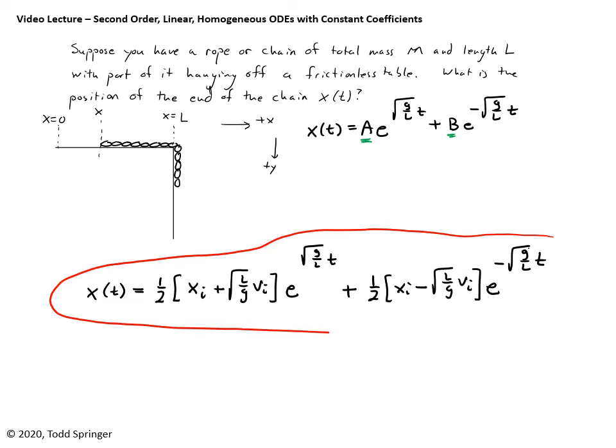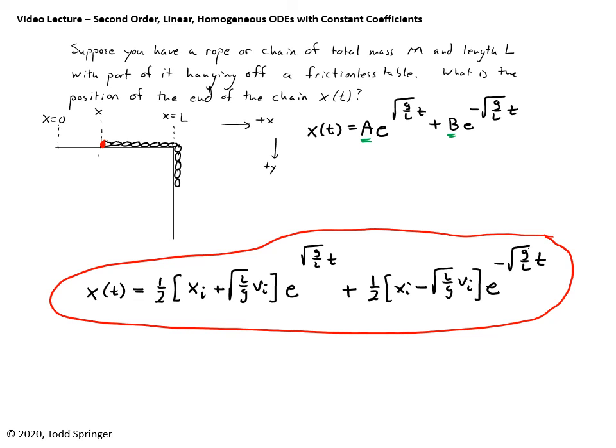So there's the equation describing what that chain is doing, what this point of the chain is doing as a function of time for any initial position xi and any initial velocity vi. I would be able to tell you exactly what that chain is doing as a function of time.